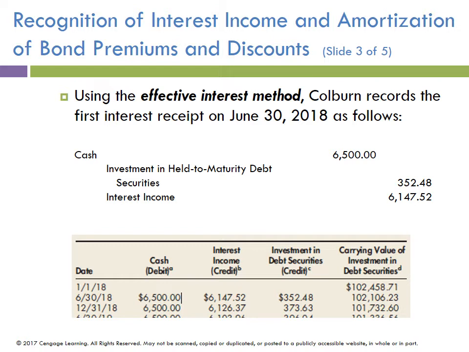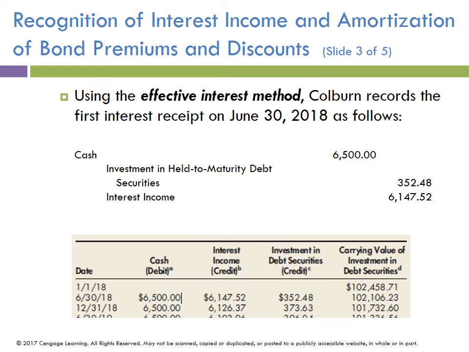They will be crediting interest income for the computation. You take the carrying value at the beginning of the interest period, which would be 102,458.71, times the market interest rate of 12% times 1/2. So the amount of interest income is 6,147.52.